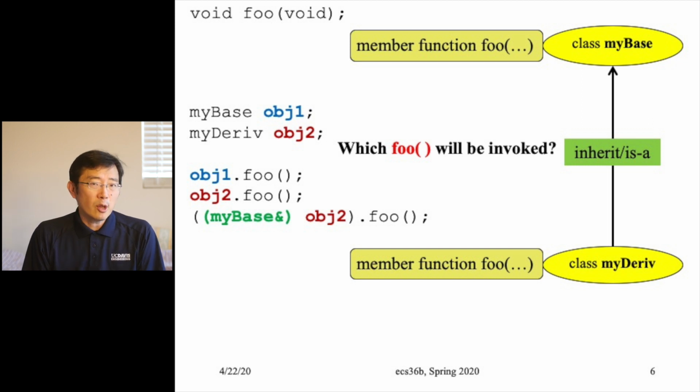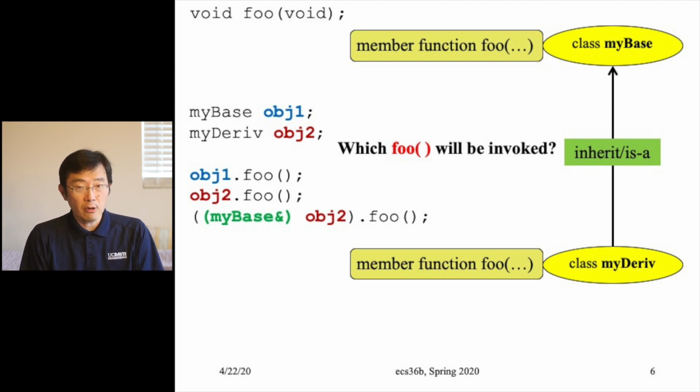But the third line is a little bit interesting. I take object2 but cast it with a reference to its base class, the parent class. So I put my base reference cast in front of object 2, and then I call the member function foo. We're still looking at a regular member function.